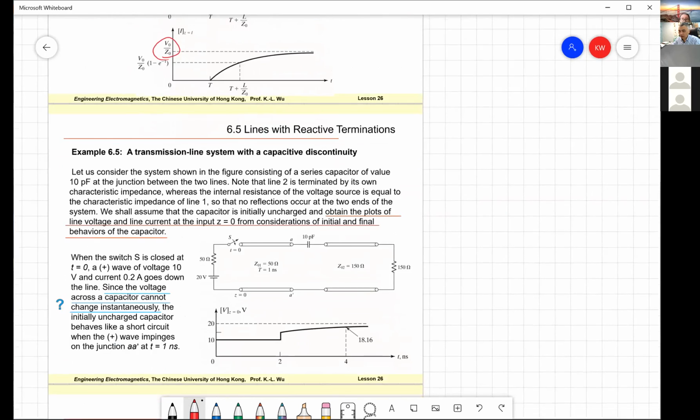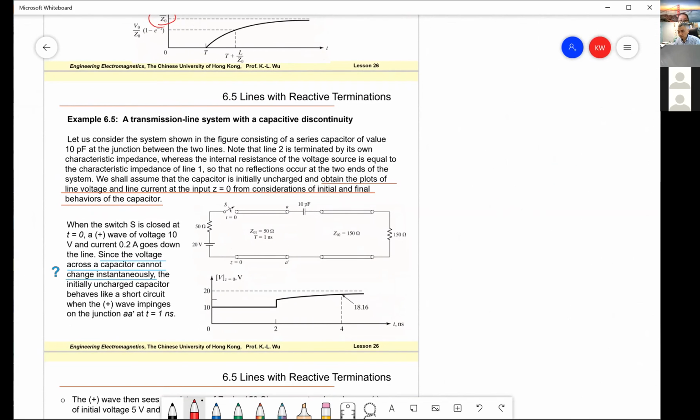Okay, the second example I will go through quickly. It looks very different. The reactive component is not applied to the terminal, it is applied to the middle of the transmission line. We assume equal length on the two sections. Then we assume 150, so that means the end is matched, and the source is matched to the first section.